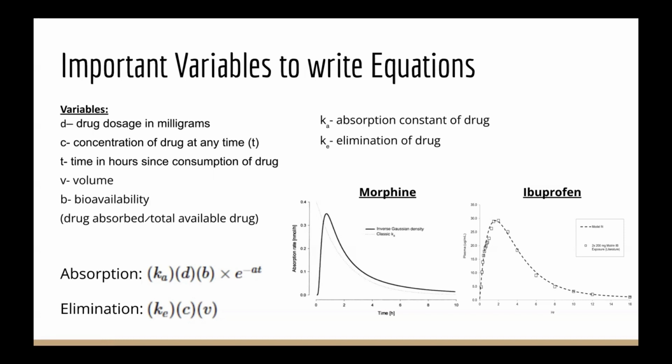Continuing on to our elimination equation, K of E represents the elimination of the drug, and it also represents how long the body takes to eliminate the drug. Using the same example as before, morphine takes longer to be excreted than ibuprofen. Continuing on to our next variable, C represents the concentration of drug at any given time, and our final variable, V, represents volume.